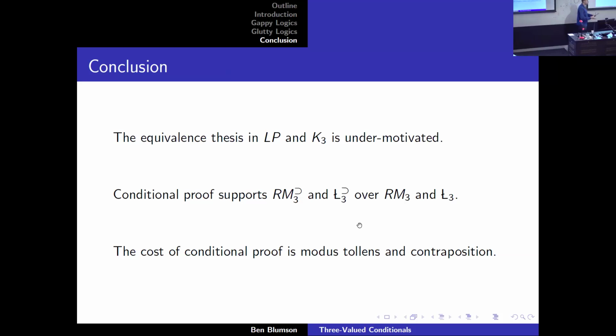Supposing we were applying one of these three-valued logics to the Sorites paradox, as maybe Zach does, you might think it's okay to solve the Sorites paradox, if you think borderline cases are both true and false, by accepting the LP conditional and denying modus ponens. But from this perspective, that would seem to be kind of undermotivated, because our reason for thinking the conditional is material is kind of pulled out from under our feet. Okay, that's the end.